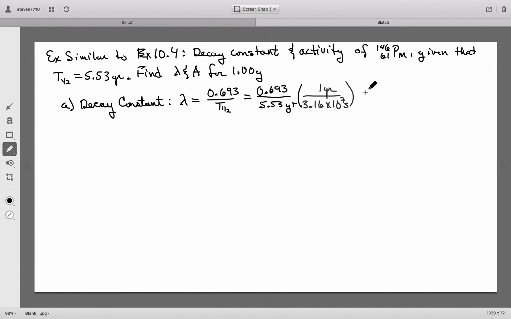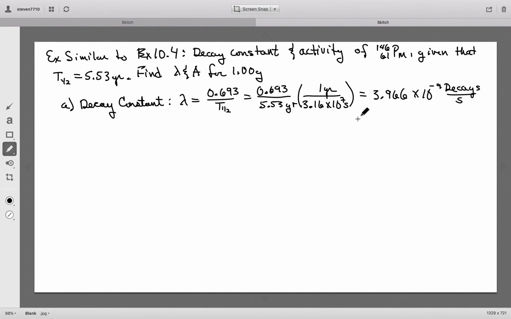For 1 year per that many seconds. Do the math. Into 4 sig figs, you get 3.966 times 10 to the minus 9, and that would be technically decays per second.